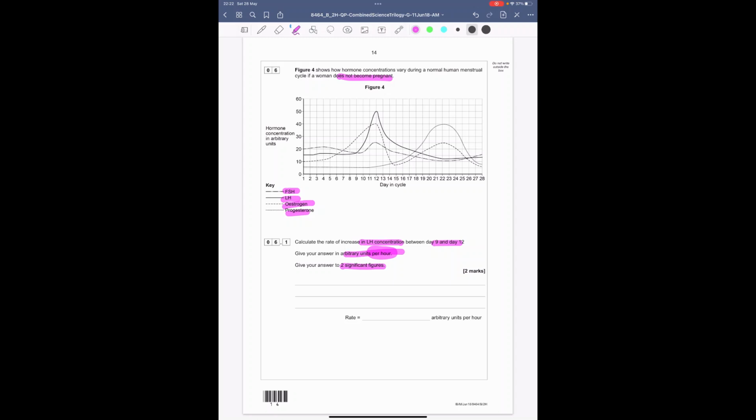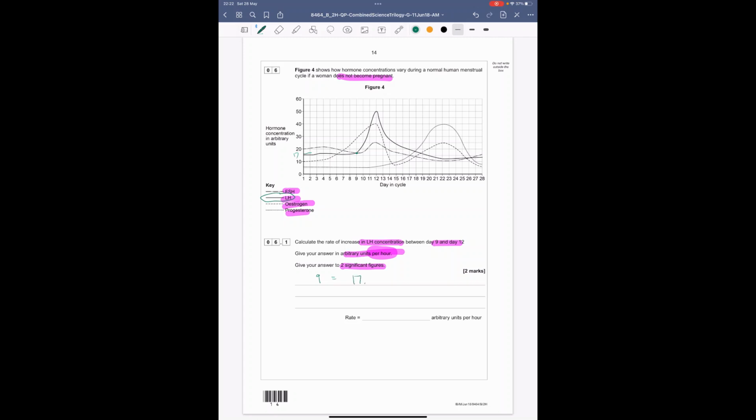Well, we're looking at LH and we need to calculate its increase per hour between day 9 and day 12. So first thing we can do, we can identify which line is LH, which is a solid one. Day 9, we can see it is roughly at about, if I go across in arbitrary units, about 17. So day 9 is 17.